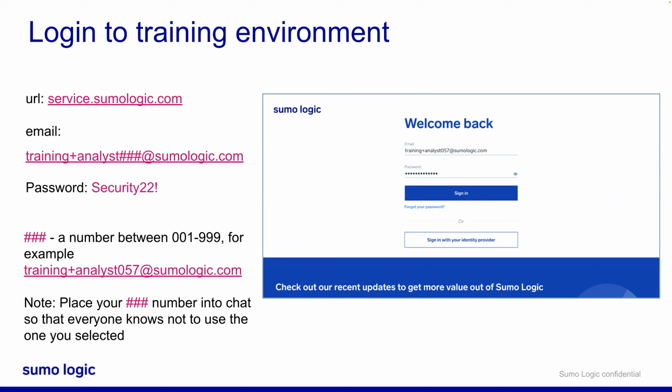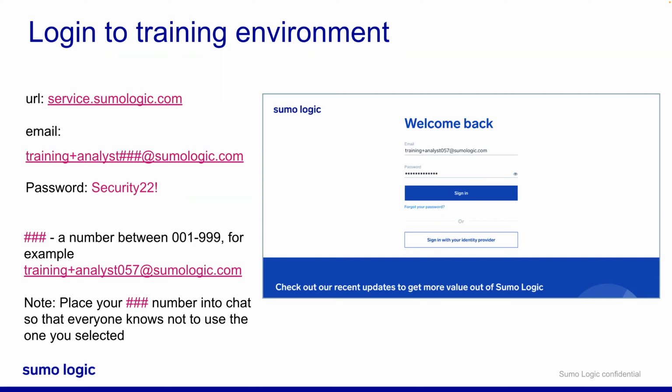And I want you to select a 3-digit number. Maybe you want to be training plus analyst 007. Maybe you want to be training plus analyst 123, training plus analyst 259, 614. Pick a 3-digit number. So it's going to be training plus analyst number at sumologic.com. And then the password is going to be security with a capital S, 22 exclamation point.